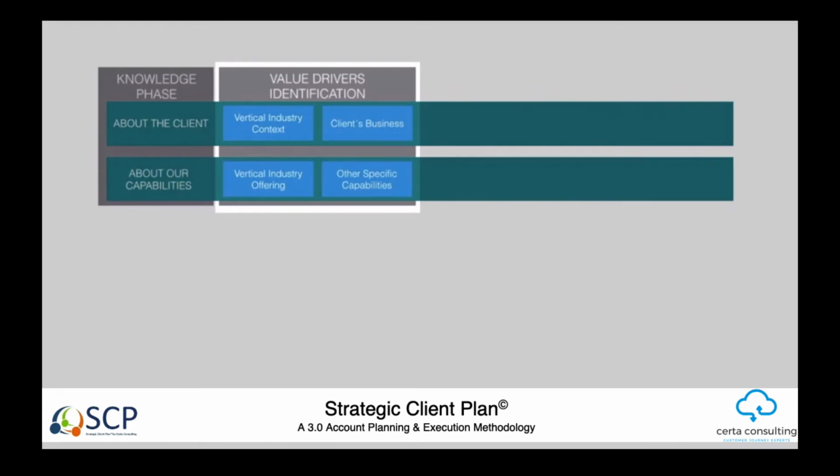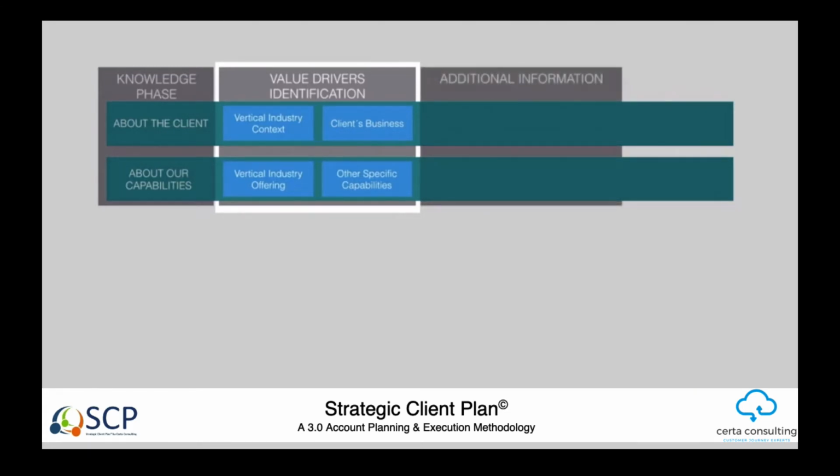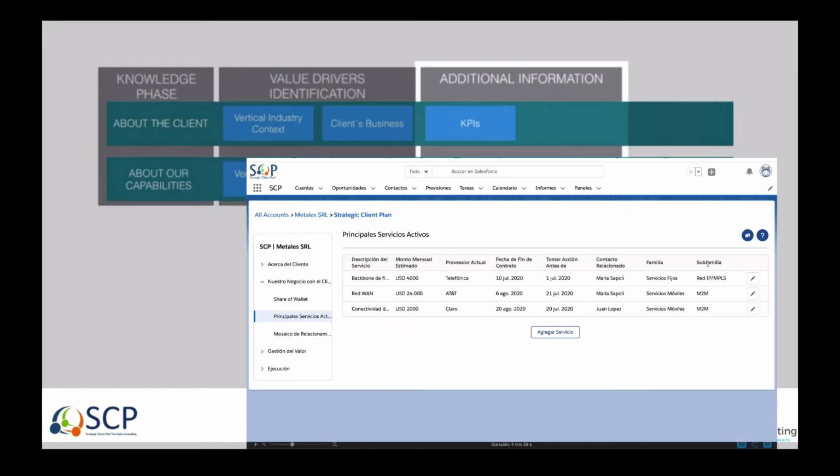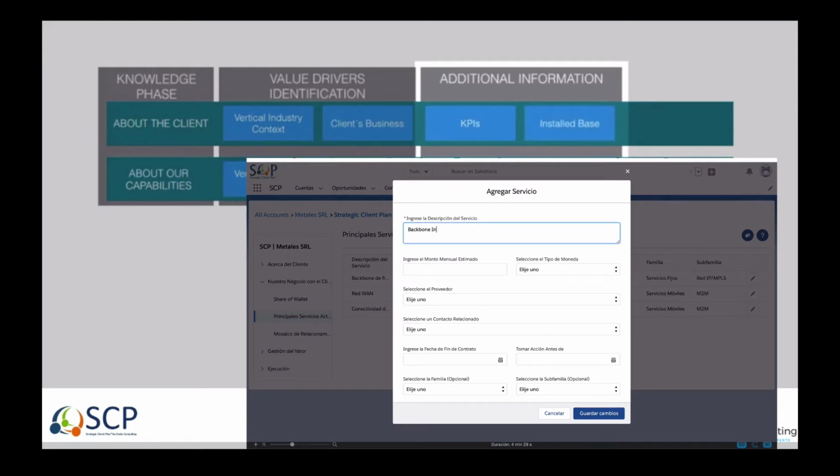The second block of knowledge implies the identification of the client business's KPIs pertinent to the opportunities we might pursue. Additionally, we will record the detailed description of the client's ongoing contracts or installed base, either engaged by us or by our competitors.